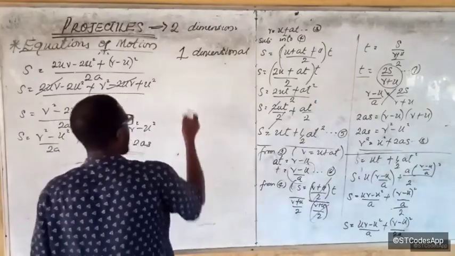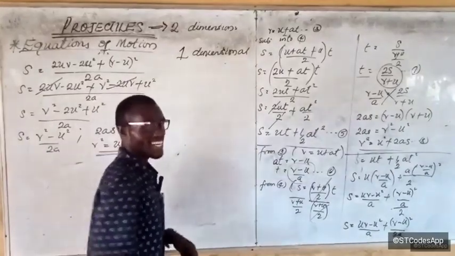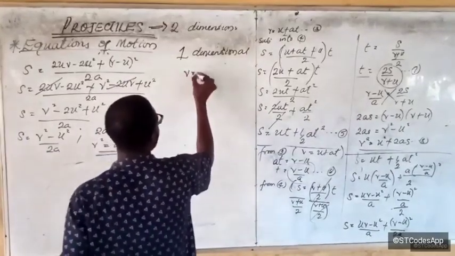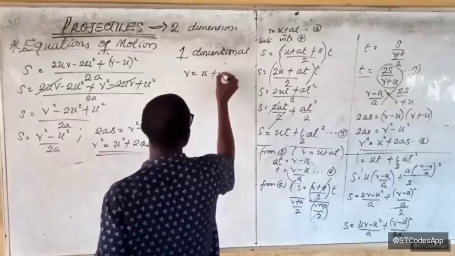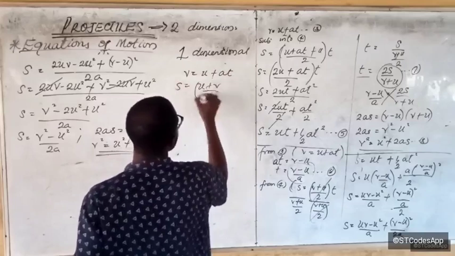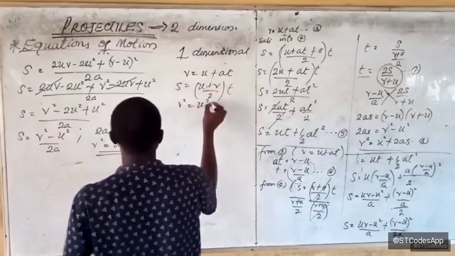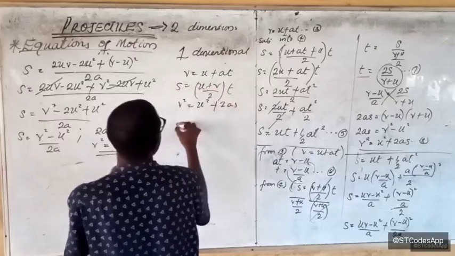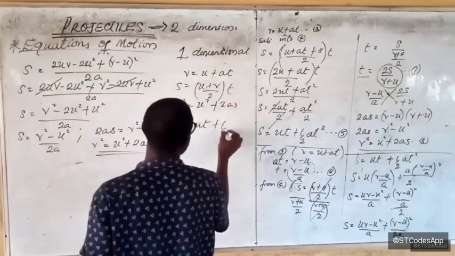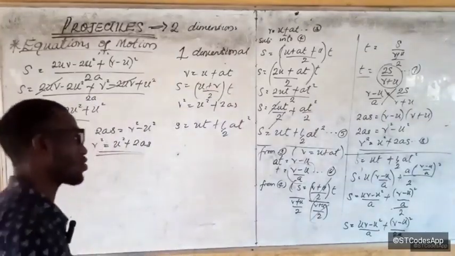So far, the fundamental equations that we derived are v equal to u plus at, and s equal to (u plus v) over 2 all times t, and then v squared is equal to u squared plus 2as, and s equal to ut plus 1 over 2 at squared. So these are the four fundamental equations that we derived.